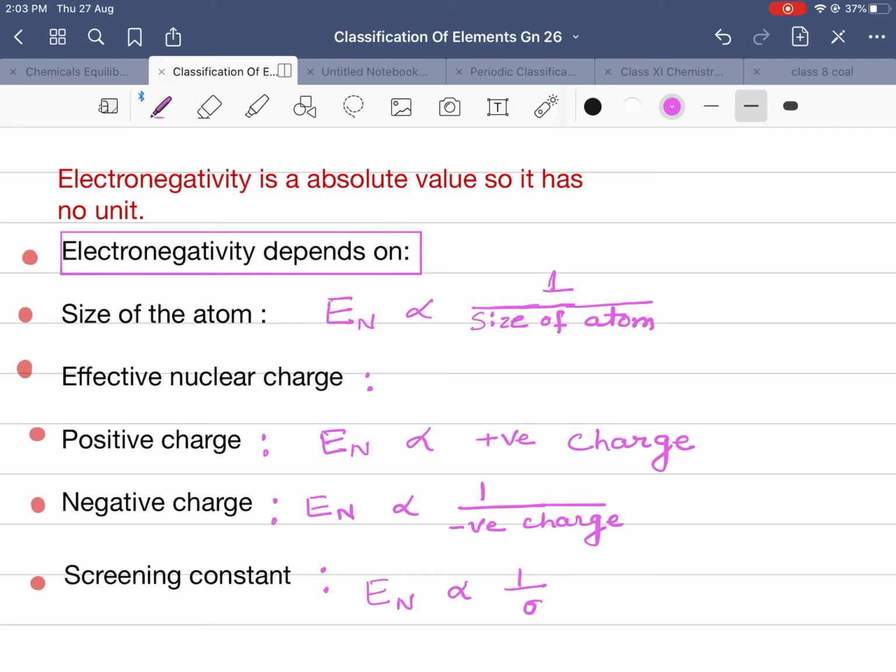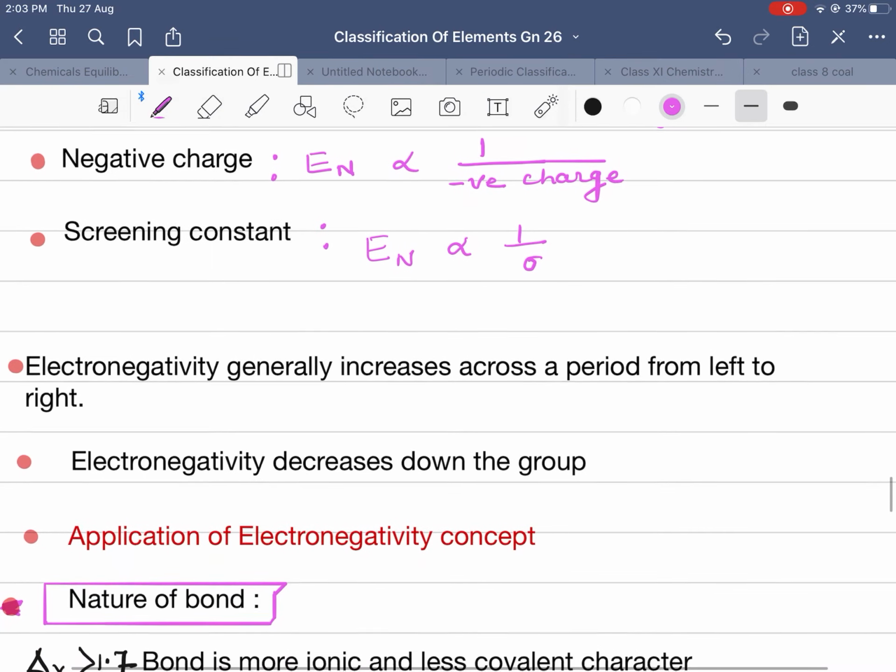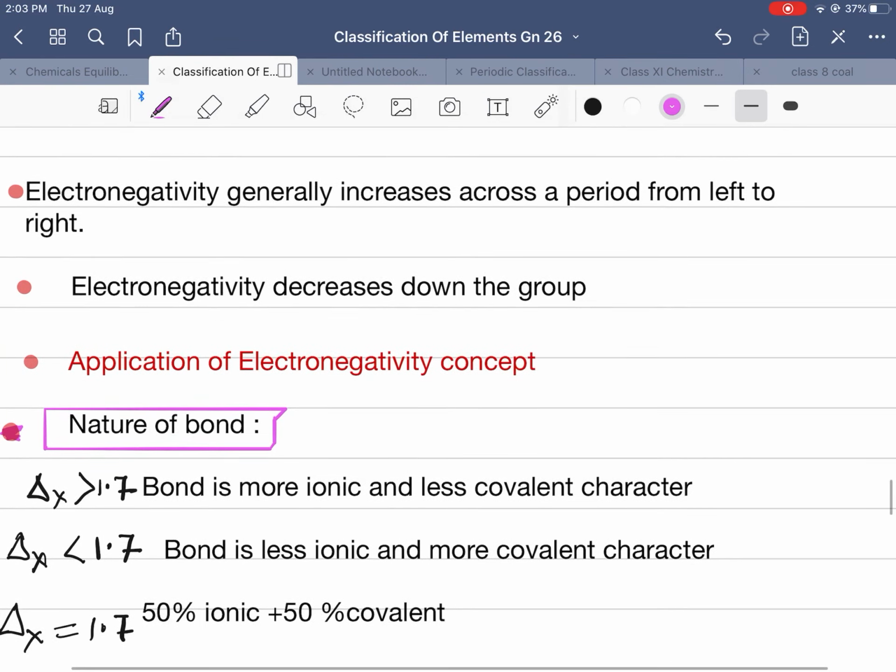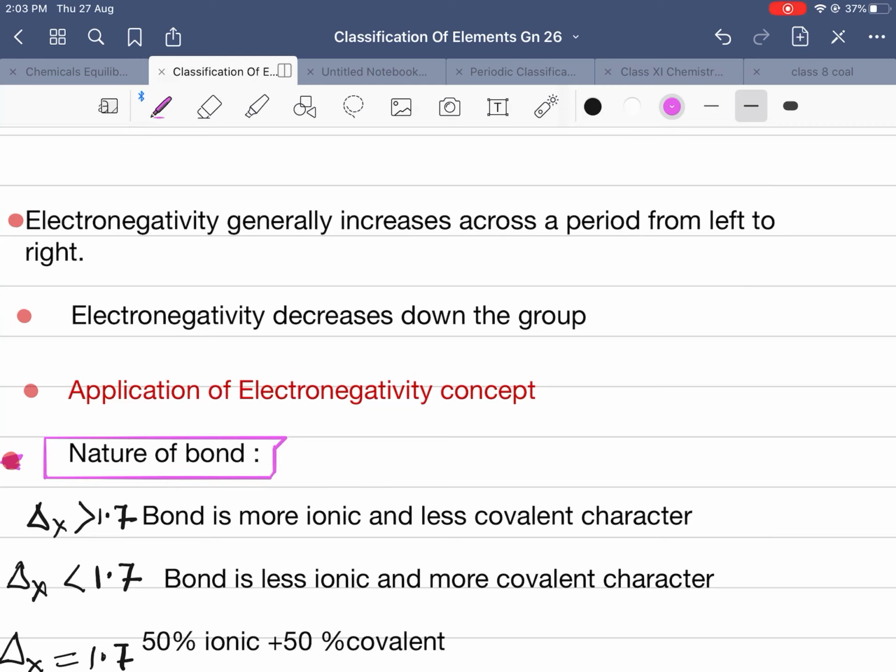And it is a periodic function. Electronegativity is a periodic function of atomic numbers. Electronegativity generally increases across a period from left to right. As we move from left to right across a period, the values of electronegativity increase gradually, because the atomic size gradually decreases and therefore the additional electron can be held more tightly.